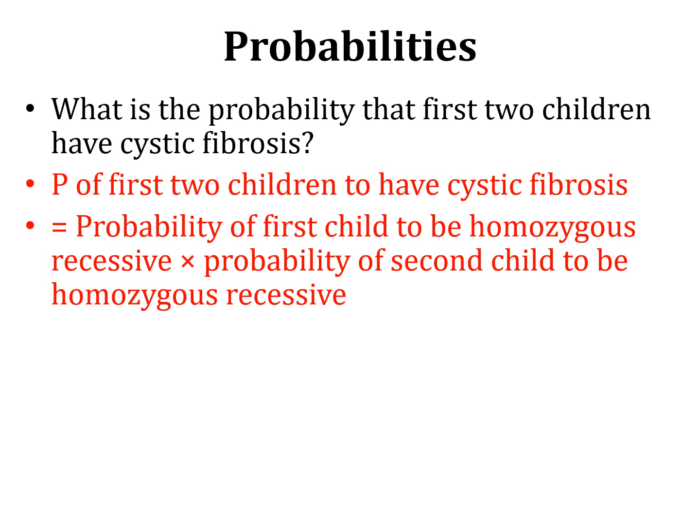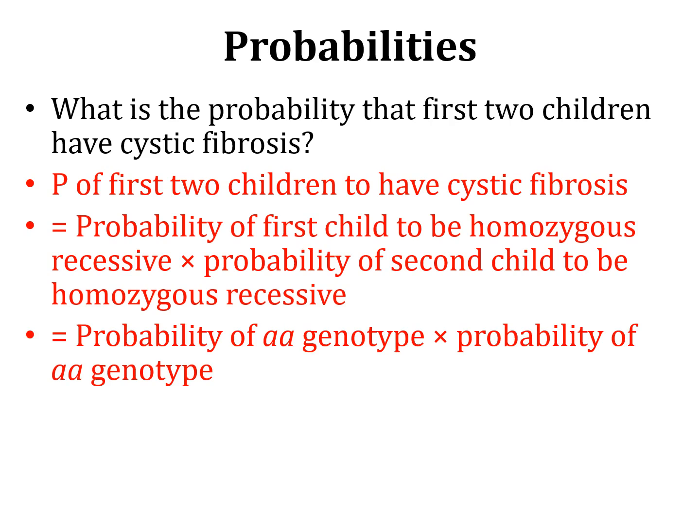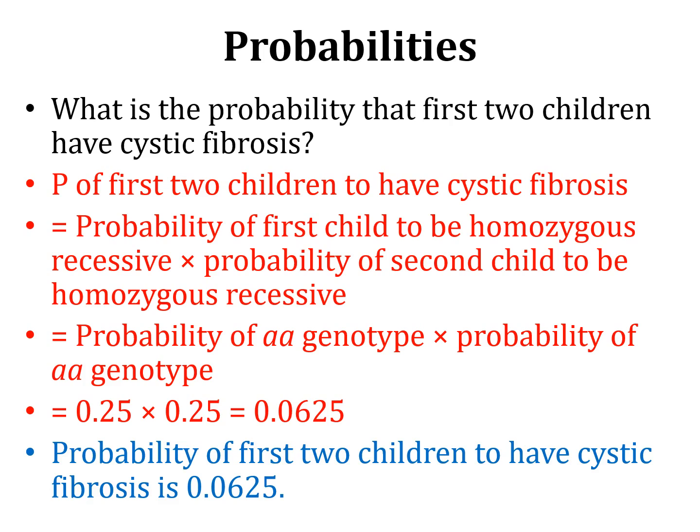So we multiply those individual probabilities because we are talking about two consecutive events: 0.25 multiplied by 0.25, and the answer is 0.0625. So the probability of the first two children having cystic fibrosis is 0.0625.